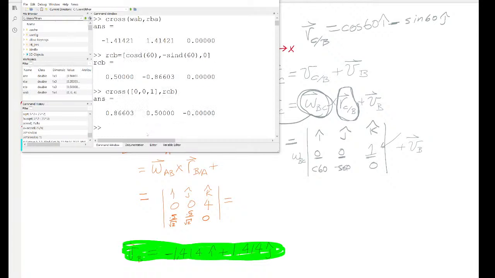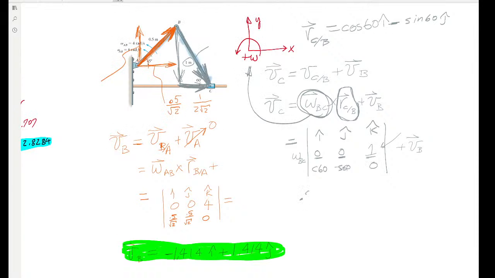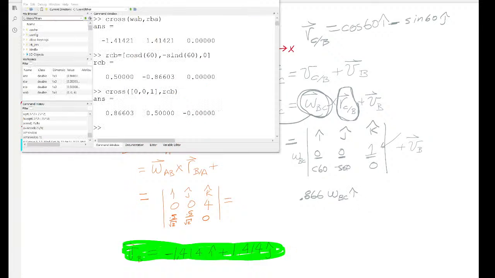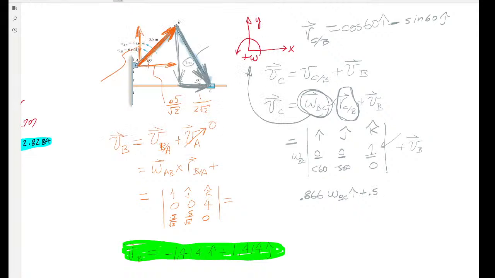Okay, 0.866, hang on, let me find my pen, 0.866 omega BC i plus 0.5 omega BC j.